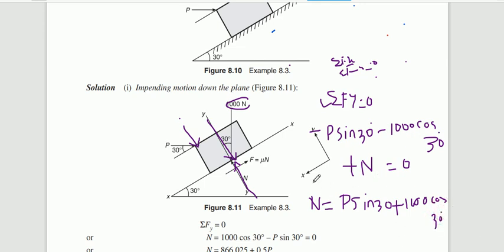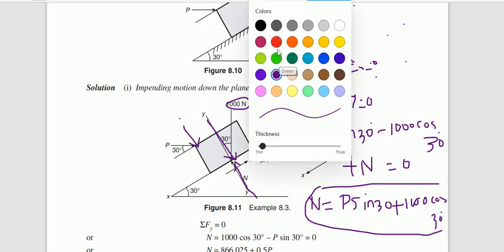Because P is unknown, you will get N as this expression. So summation of vertical forces is over. Is it clear? Yes, ma'am. Okay.